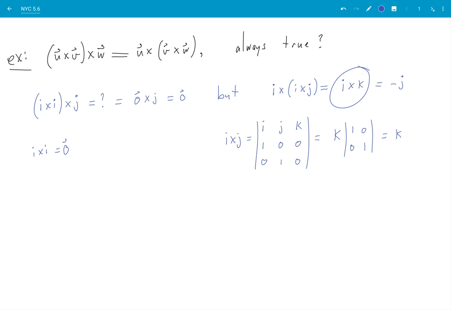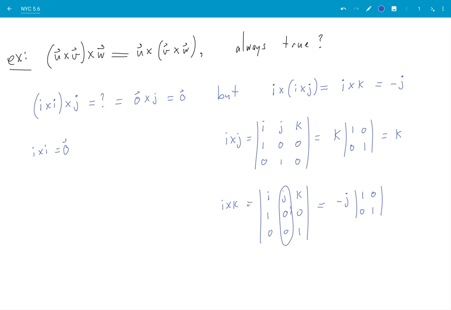And then I want to do I cross K. I'll do a determinant down the second column, giving me negative J times the determinant 1, 0, 0, 1, which is negative J. Here I did the third column.